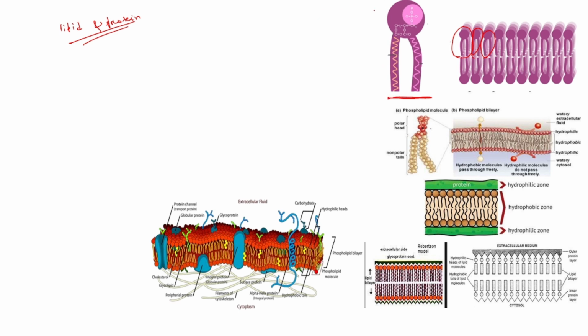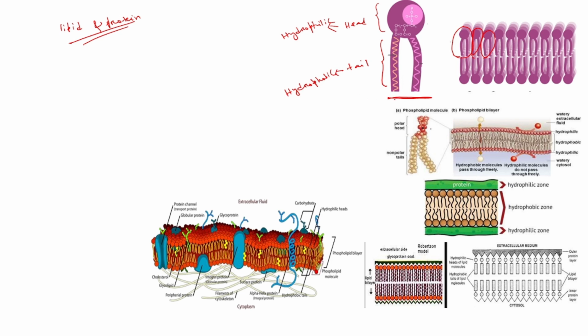That means it has two segments. One is called the head part, and the other is called the tail part. The head part is always hydrophilic. What is hydrophilic? The structure which always wants to interact with the water molecule is called hydrophilic. So what is the tail? The tail is the hydrophobic structure.